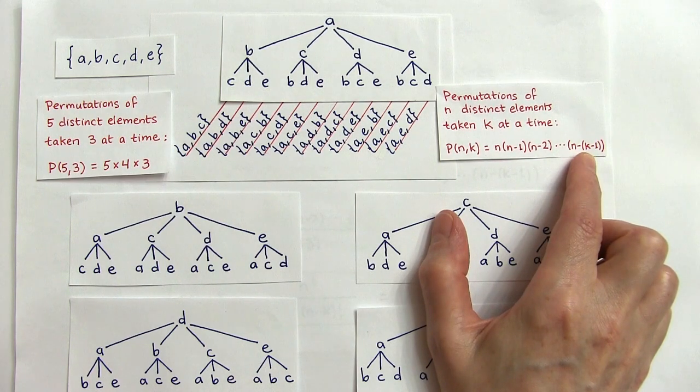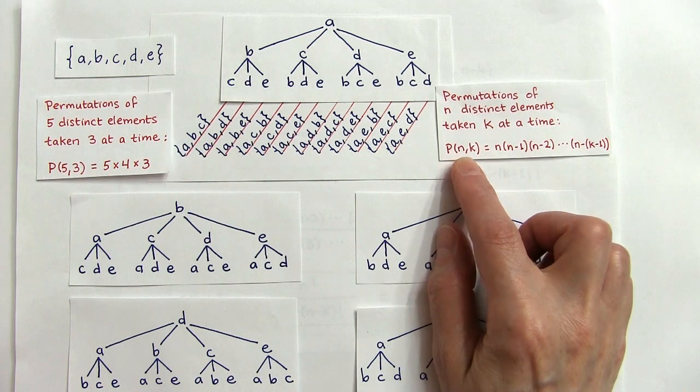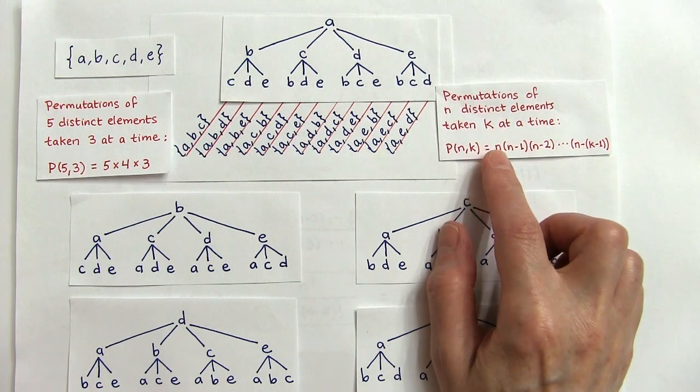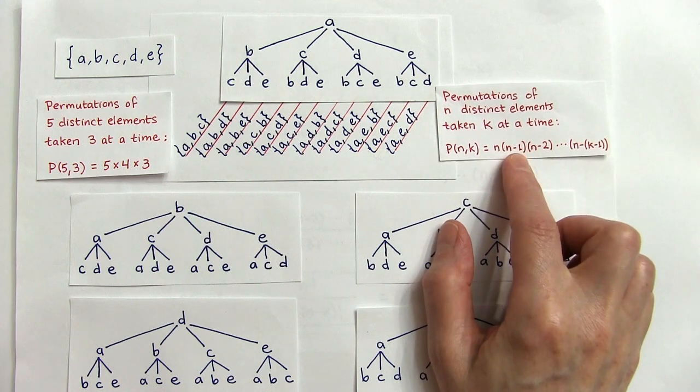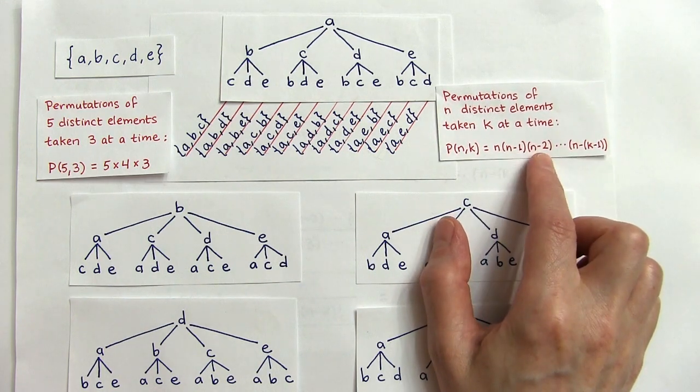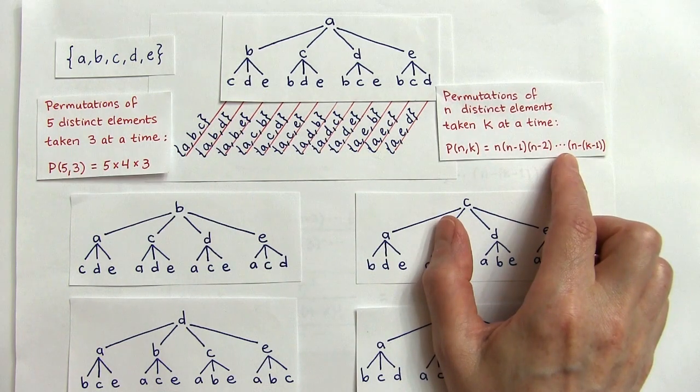objects left. So the number of ways to permute n distinct objects, taking k at a time, is n ways to choose the first times n minus 1 ways to choose the second times n minus 2 ways to choose the third, and so on down the line.